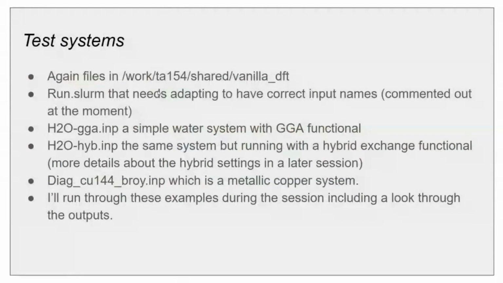All you need to do is change the input name for the appropriate input file. So what's there is H2O, just 64 water molecules, a bulk system, and run using PBE. So you can play around with that.